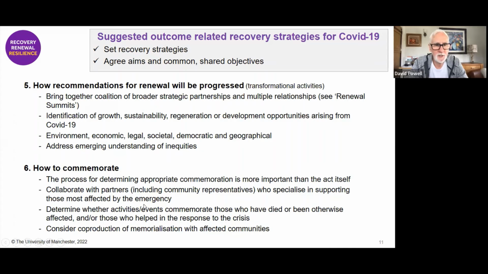But identification of growth, sustainability, regeneration, development opportunities that arise, in this case from COVID, for example, but would be applicable in any flood event or severe weather event, or indeed following a man-made disaster. There are always going to be opportunities that can be exploited afterwards, and that's very much the focus of what we call renewal. And again, they can be environmental, economic, as Duncan said previously, even legal, societal, etc.